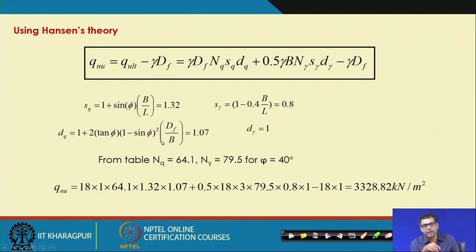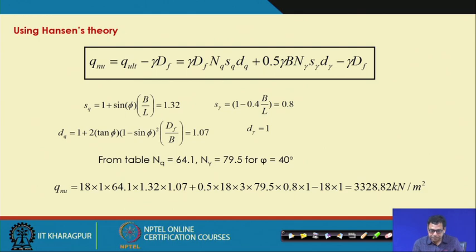Nq is the same as Meyerhof's, and we are not considering the Nc term because the c value is 0, so the first term vanishes. Nq is the same as the Meyerhof value, but N gamma is different, so we take N gamma from the chart corresponding to 40 degrees. If I put in all these correction factors and the bearing capacity factors, then we get the net ultimate bearing capacity of 3328.82 kilonewton per meter square for Hansen's theory.